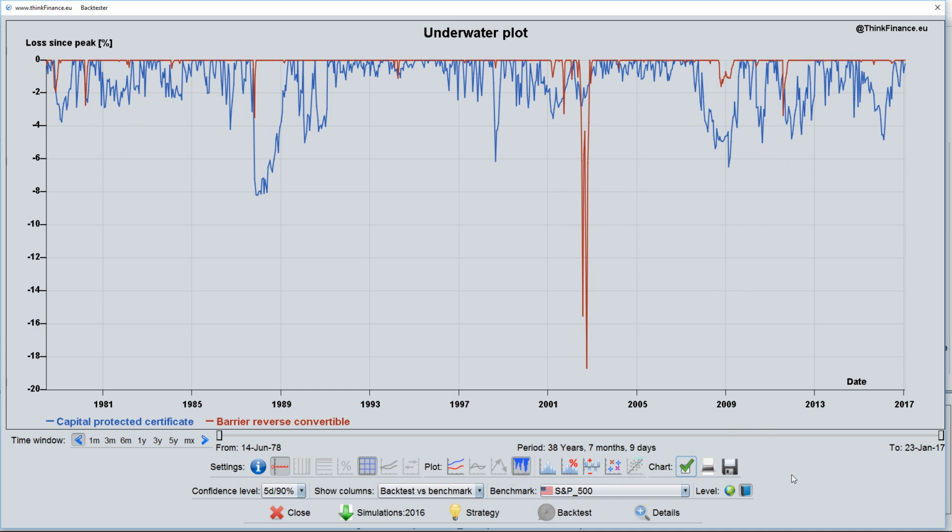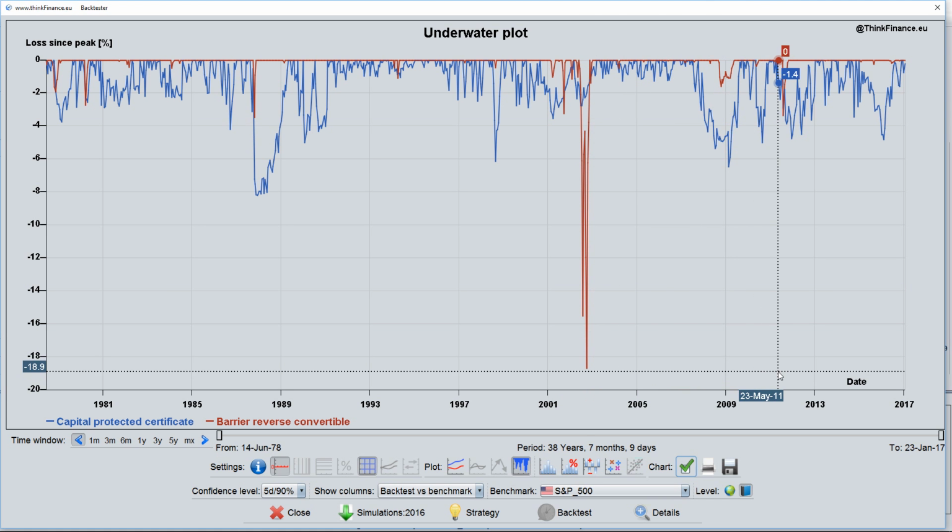And what you see here is the maximum drawdowns over time of the capital protected certificate and the barrier reverse convertible. And you see exactly what I mentioned before. Sometimes the barriers are hit and the barrier reverse convertible loses a lot more money than the capital protected certificate.